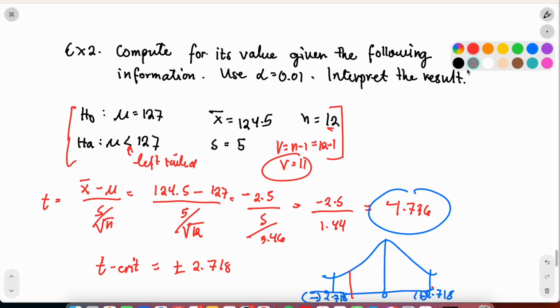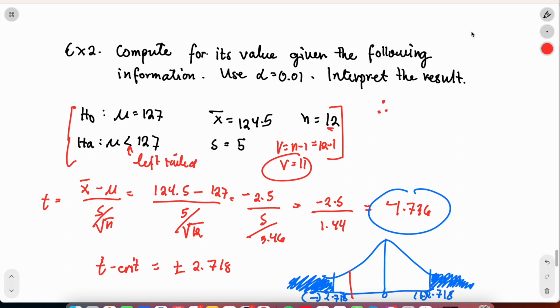Again, we only reject the null hypothesis if it falls in the rejection region. This is the rejection region here. So you reject your null if your value falls somewhere here or here. But since it doesn't fall in the rejection region, you have this conclusion.